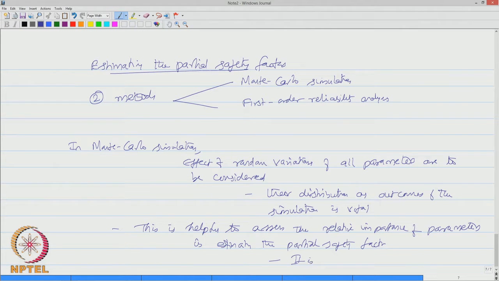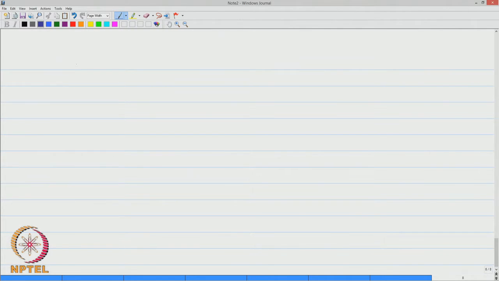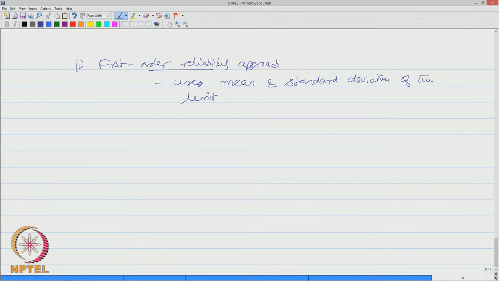It is not a direct approach, whereas the first order reliability approach uses the mean and standard deviation of the limit state function set.